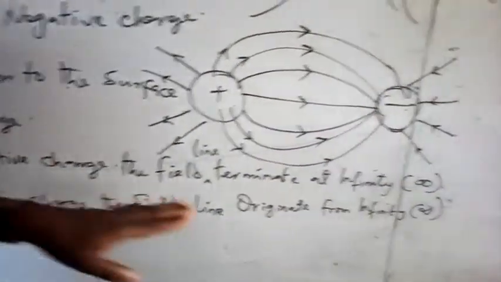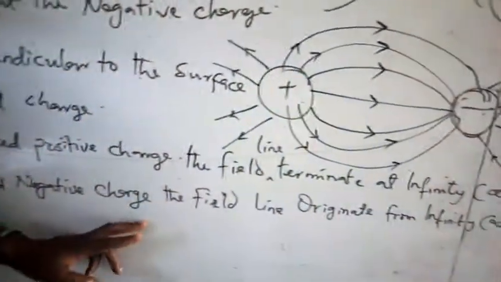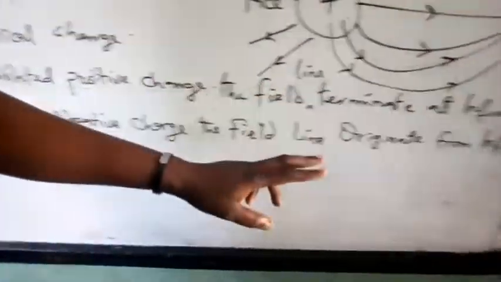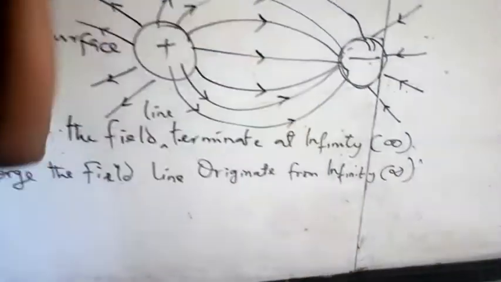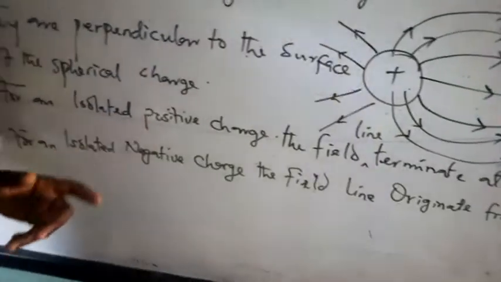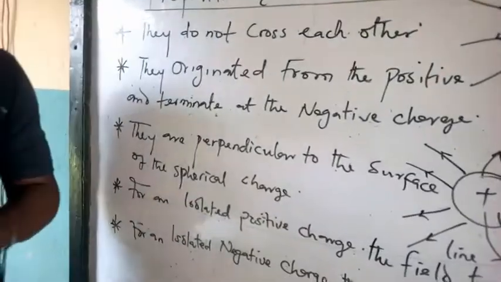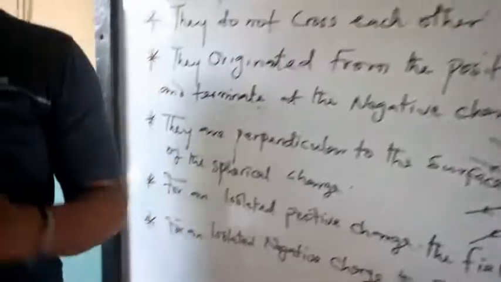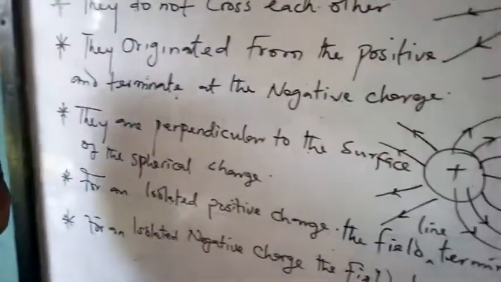For an isolated positive charge, the field lines terminate at infinity, while for an isolated negative charge, the field lines originate from infinity and end at a particular point in the charge. So we're going to be looking at electric force, because we said electric field lines.